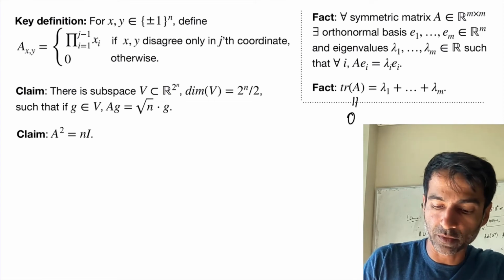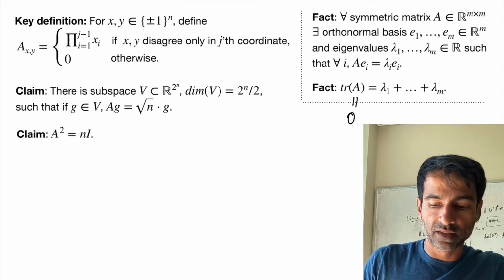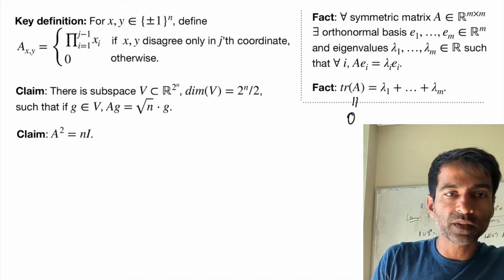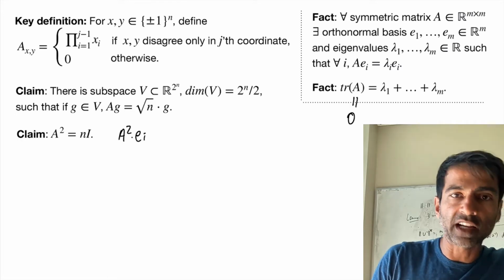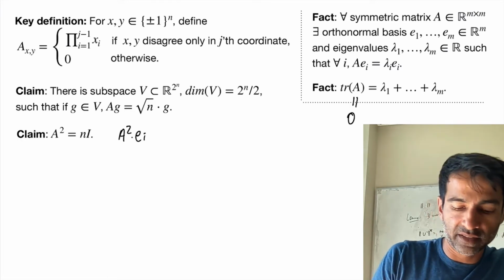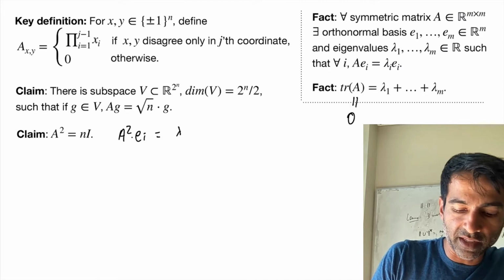Okay, so this is 0. On the other hand, because the square of the matrix is n times I, if you look at A squared times e_i for any eigenvector of A, that's equal to lambda_i squared times e_i.